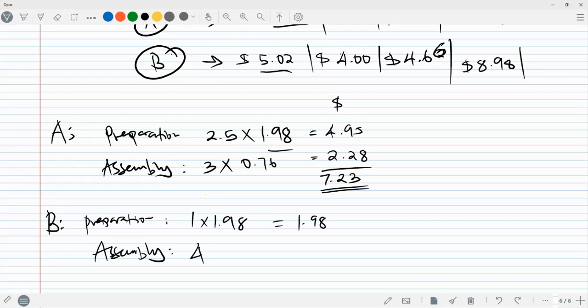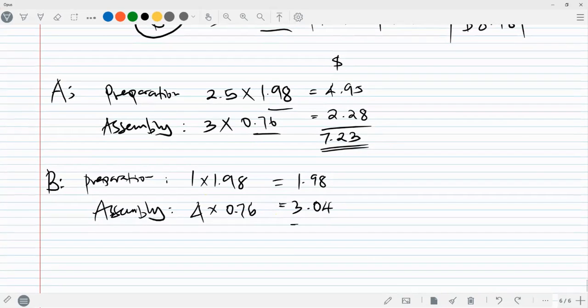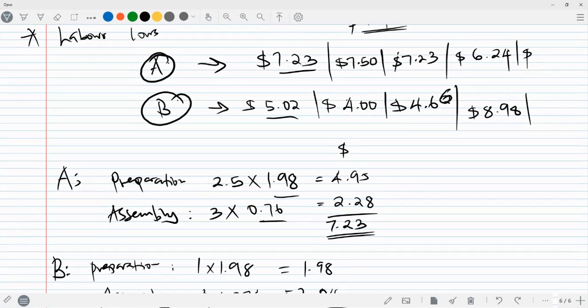It would be 4 times the rate 0.76. How much? 3.04. Sum total, 5.02, and therefore that is the amount of overheads that need to be absorbed into product B. I think it goes to those answers here, and that's what you were meant to do.